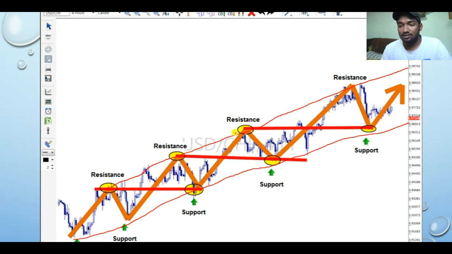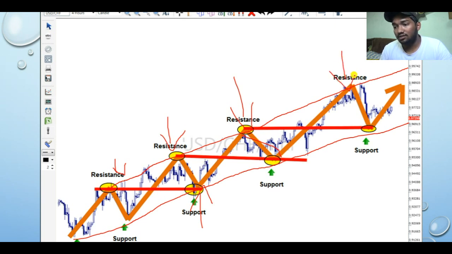So this is resistance. When you draw lines like this, when it touches resistance, you can put, and here you have a put, and here you can put. See this line, how it is going down. So when it touches the support, you have to call, so it will go up and your trade will be won, an ITM.